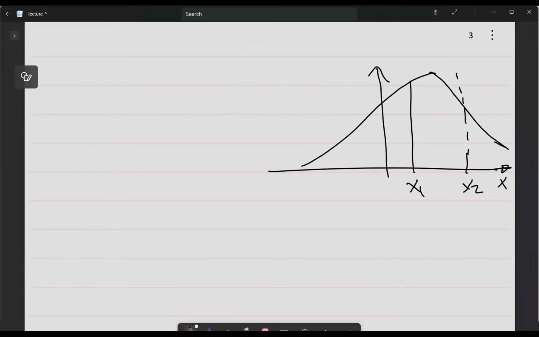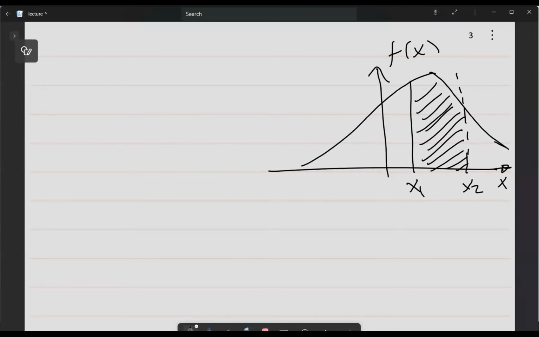What is the probability to be between x1 and x2? And this is f of x. Of course, the probability is nothing but the area under the curve. And as I explained just now, it is the integration from x1 to x2 of f of x dx.